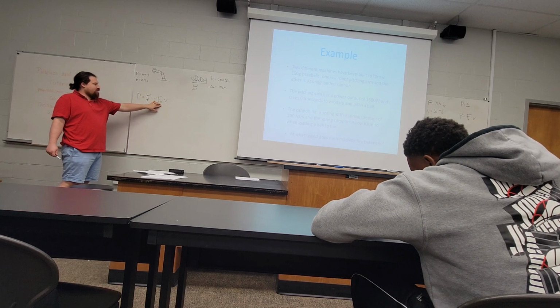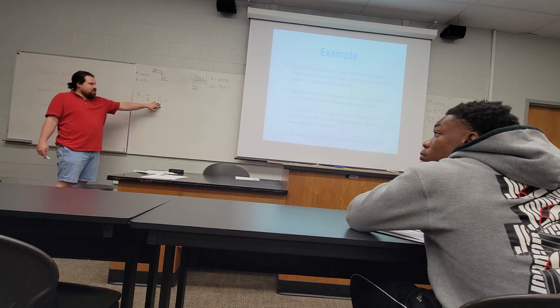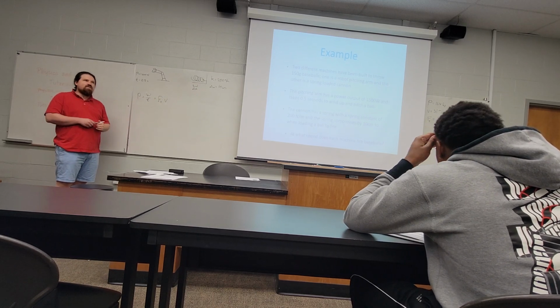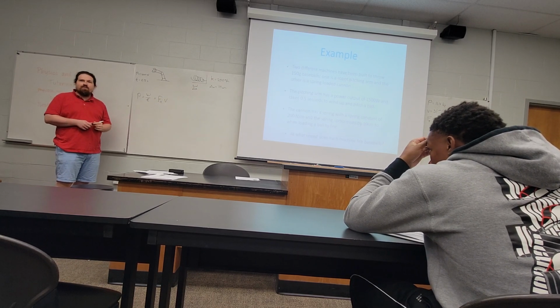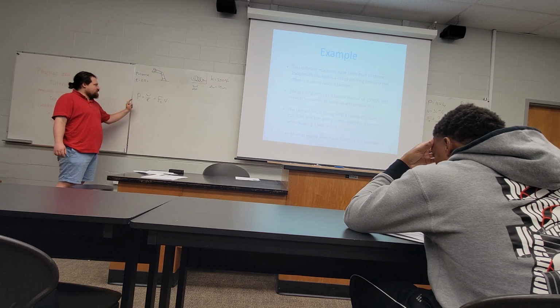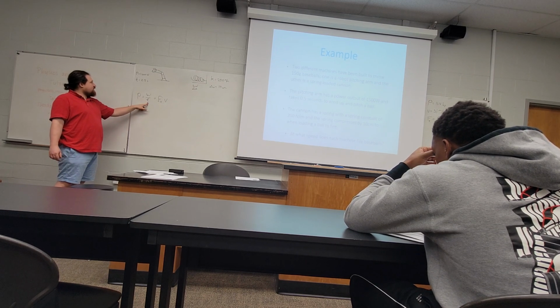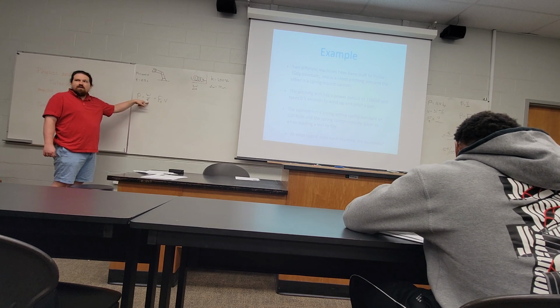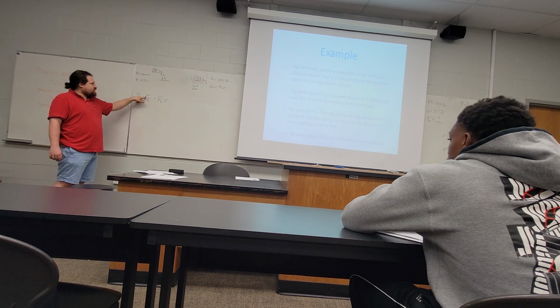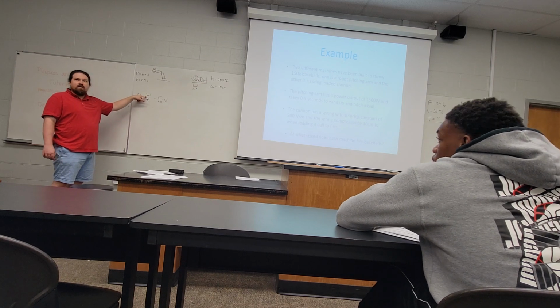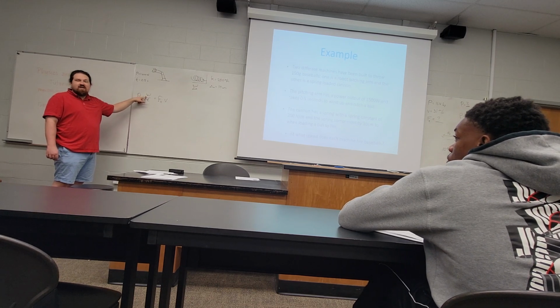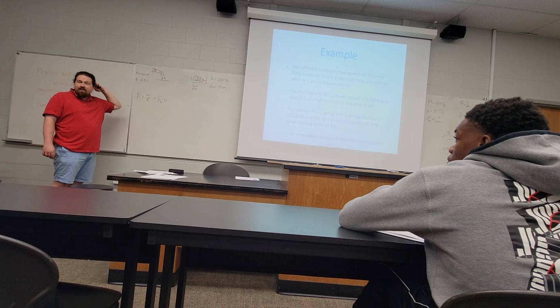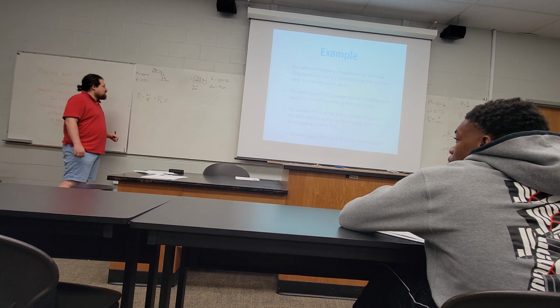Trouble is, we don't have the force it exerts yet, so we have to figure a couple more things out before we can get from here to here. But we do have its power. We also have the time it takes to launch. So we could figure out the work the arm does, which would be the energy the arm uses up upon pitching a ball.